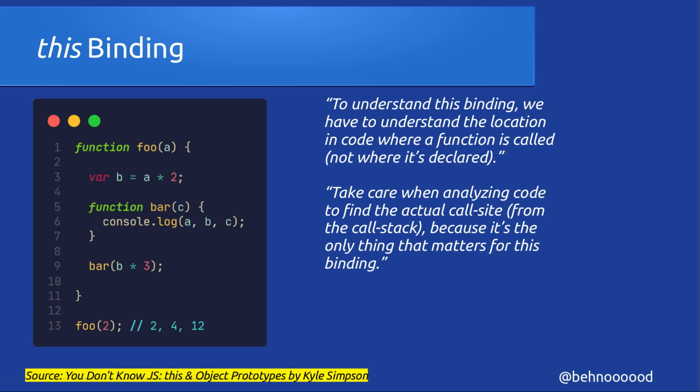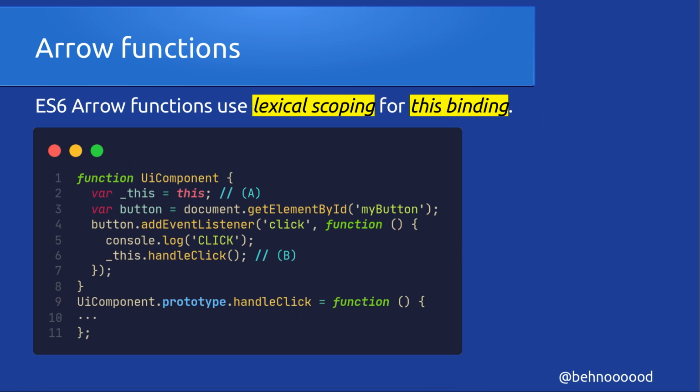Now that we examined local scoping and this binding, it's time to examine these two concepts together. As you can see, this example is about event handling. We have a button and event listener, and event handler is called handleClick.